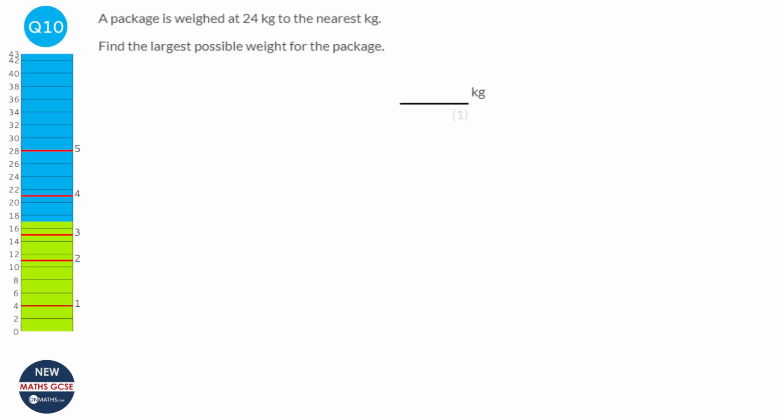To find the largest weight this package could have been before it was rounded, let's do a quick number line, and we're going to just do it between the 24 and what it would round to next. Well, it's to the nearest kilogram, so the next thing it would round to is 25.